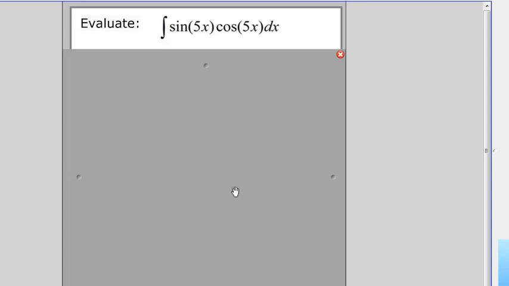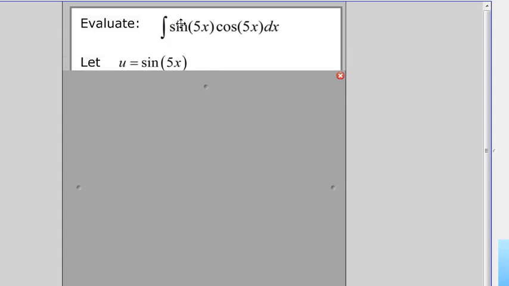With trigonometric functions, in this situation, we are going to select one of the two expressions as u. We can select the cosine or the sine. In this case, we are going to do sine of 5x as u.